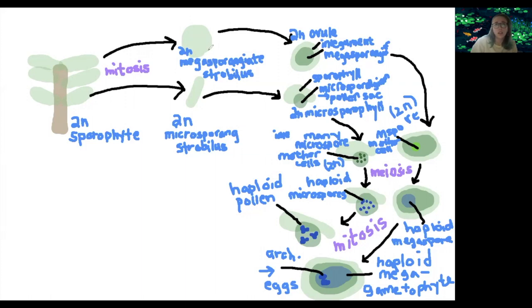Like in the ginkgo, we'll have single ovules, two ovules borne on a stalk. Here's our pollination drop. But regardless, within that ovule, we'll have integument tissue on the outside with a megasporangium on the inside. And essentially, the things that happen within the sporangium will be similar.